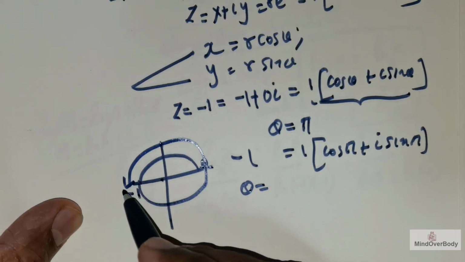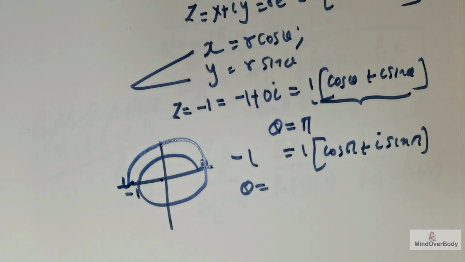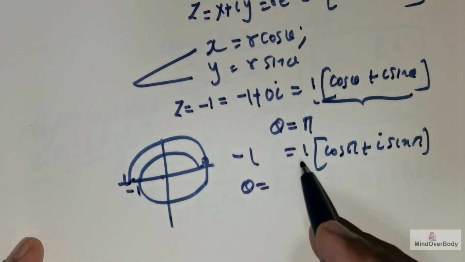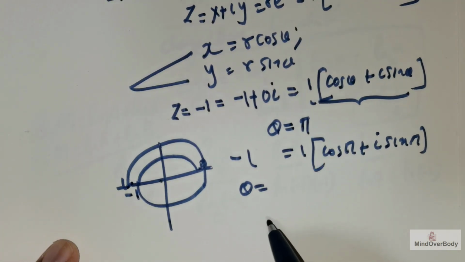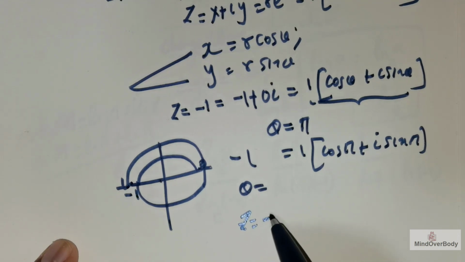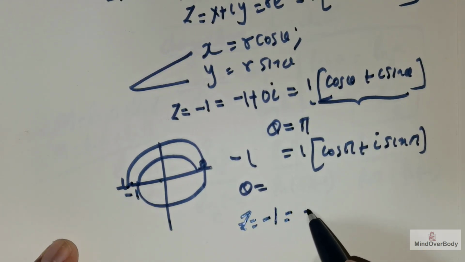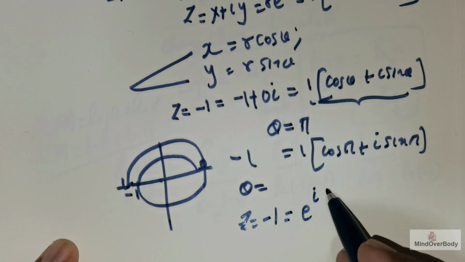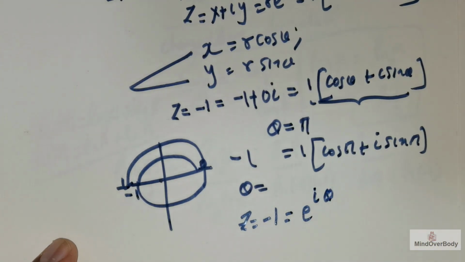So that means I am making multiple turns, right? The idea I am trying to emphasize here is that this representation of z = -1 = e^(iθ) can be extended. How do we extend it?